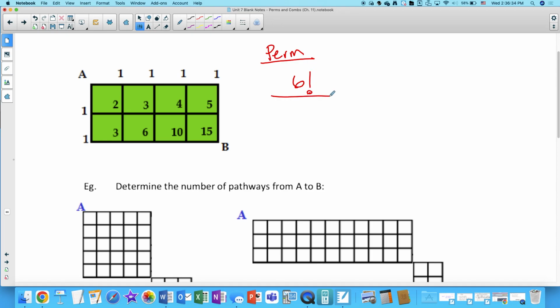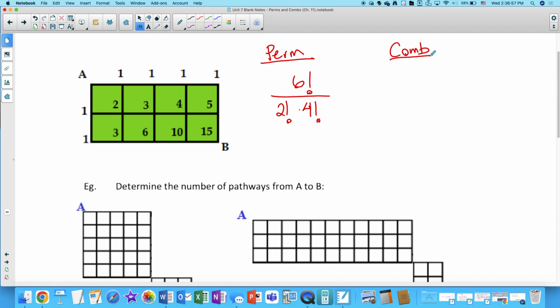But 2 of them are identical and 4 of them are identical. So 2 factorial, 4 factorial, right? Or as a combination, you only really have to choose one direction. Because once you choose that one direction, the remainder of the blocks fall into place, because that's the only other way that you can go.